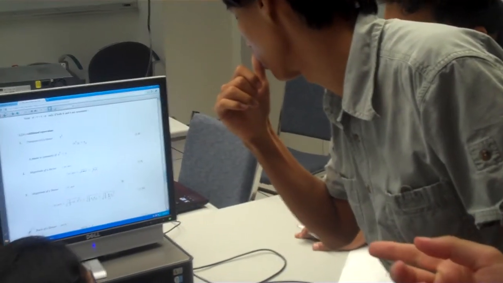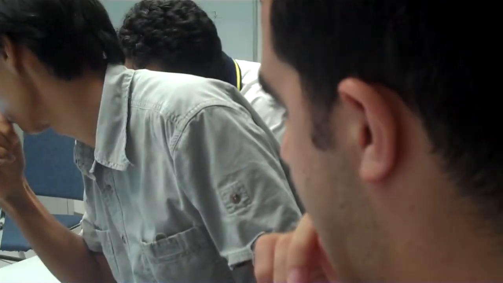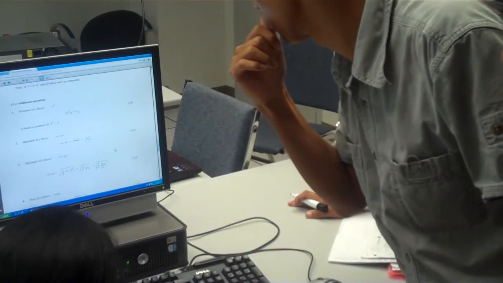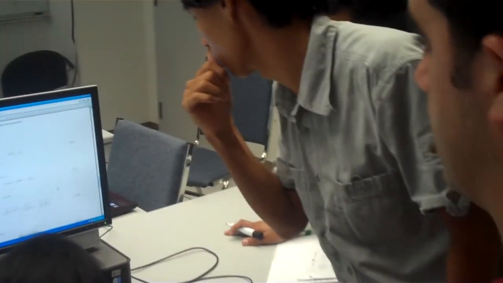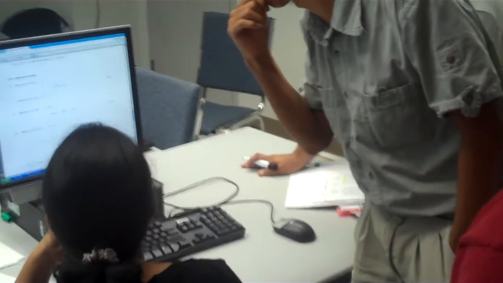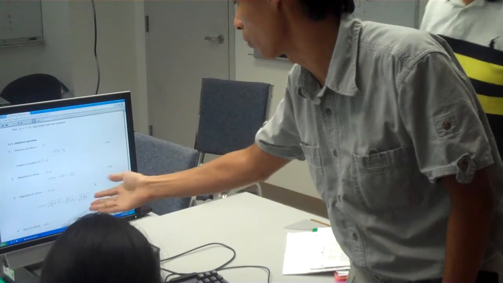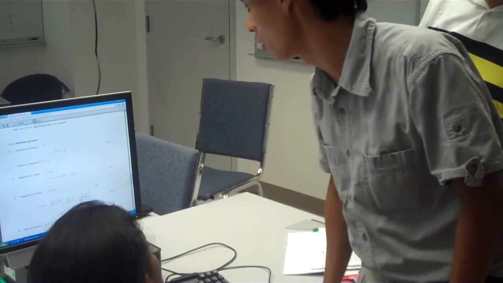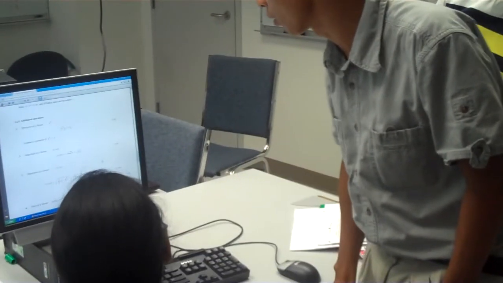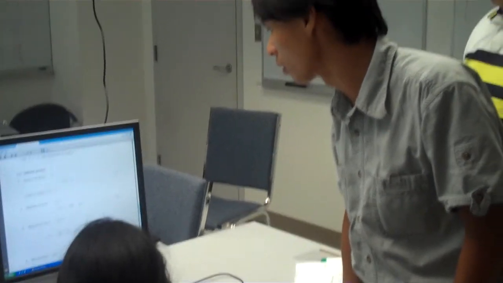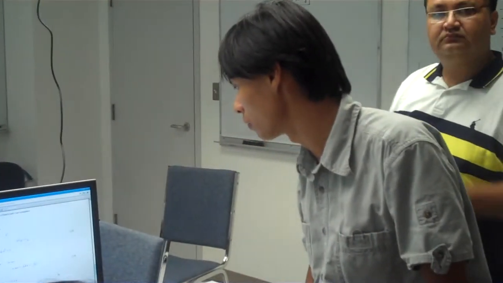Actually, even this is a little confusing. What's the trace of a tensor?